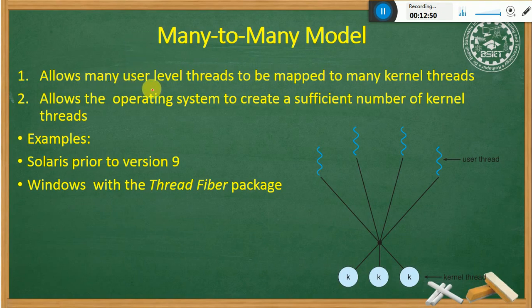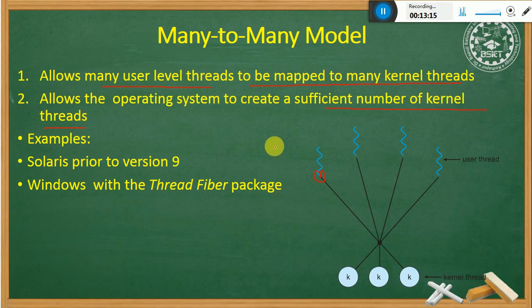And next, the many to many model. In the many to many model, many user level threads map to many kernel threads. It allows the operating system to create a significant number of kernel threads. So a number of threads can be mapped with a number of other threads in the kernel area. That approach is called many to many.